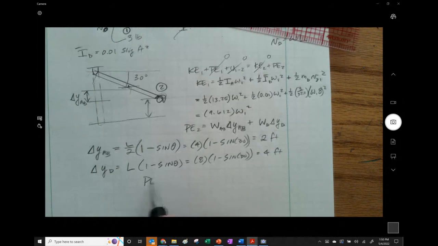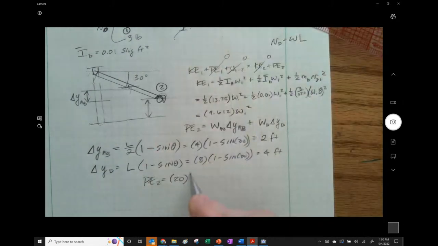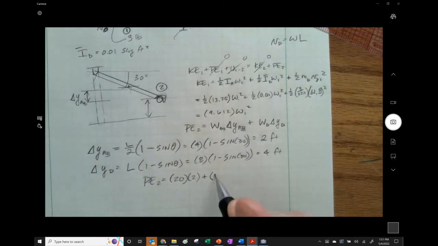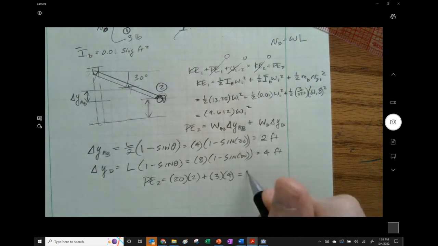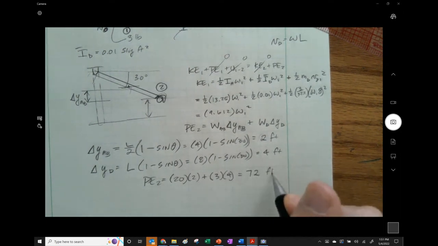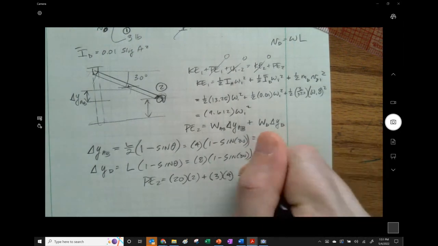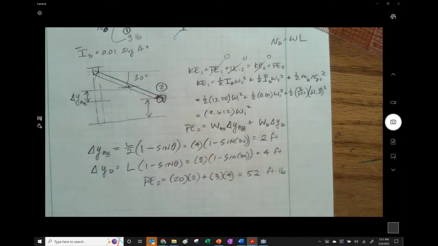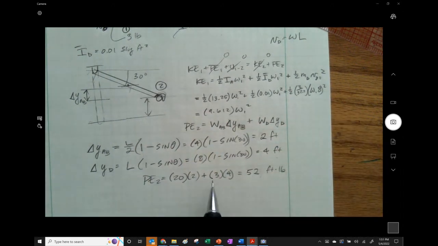So PE2 is equal to the weight of this thing, which is 20 pounds, and the change in its center of gravity. And then this one's going to be 3 times 4, so 60 and 12, so 72 foot-pounds. I think I did that right. Nope, didn't. That's 40, not 60. Oh, that's why I use a calculator all the time. I can't do math in my head.